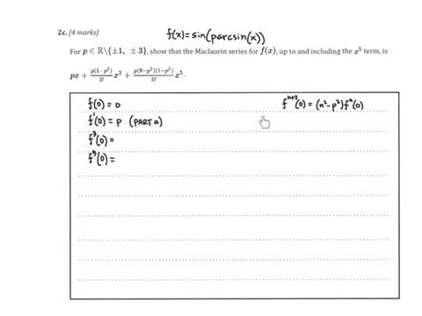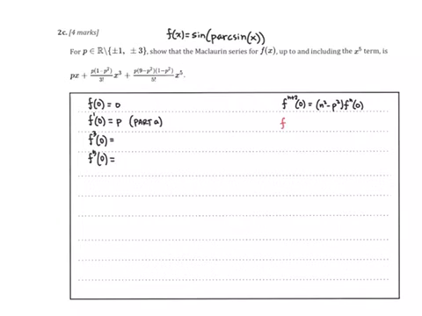Okay, and that's going to help us to find the third derivative based on the first derivative, right? So the n plus second derivative based on the nth derivative. So if n was a 1, this would be a 3. So let's build this real quick and find the third derivative.